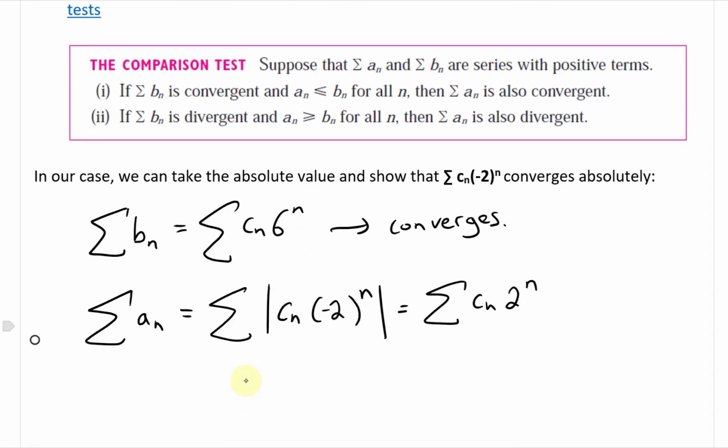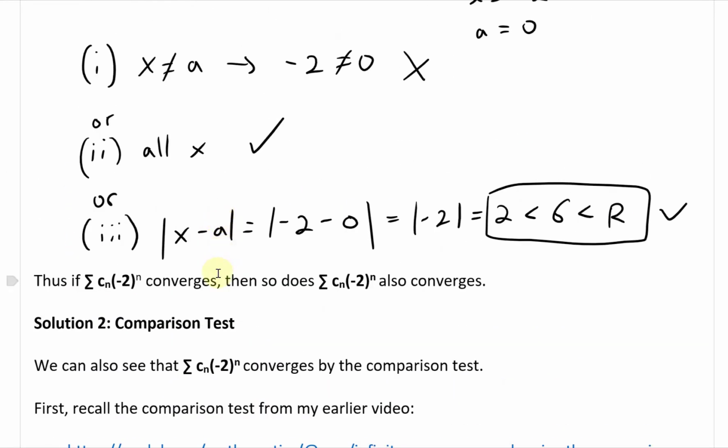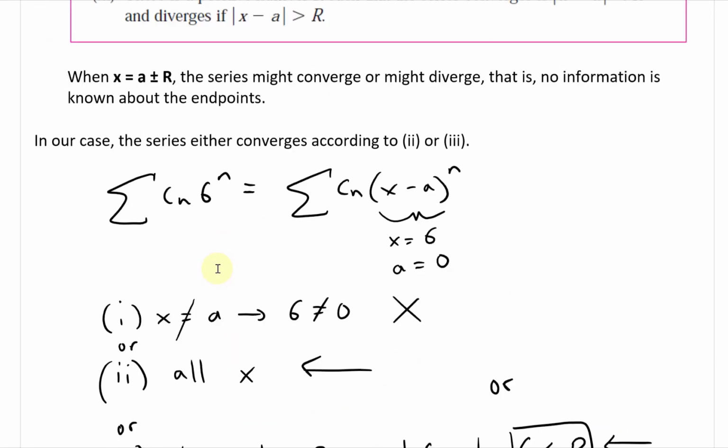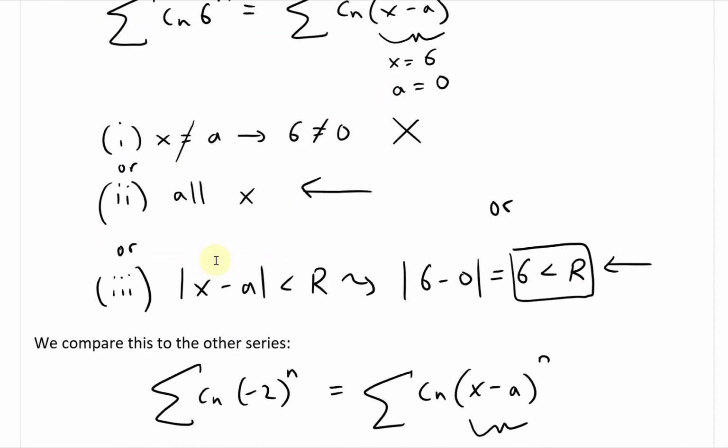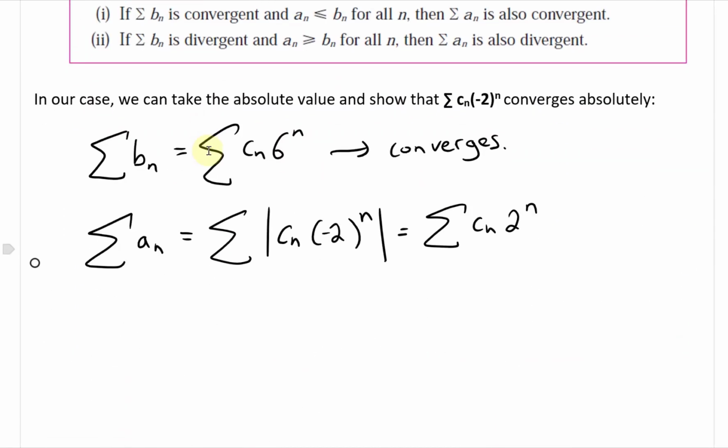The reason is that both have to be positive terms to use the comparison test, and the solutions manual said to use it. So we're going to assume that both of these are positive: the Cn times negative 2 to the power of n, and also this right here, the Cn times 6 to the power of n.